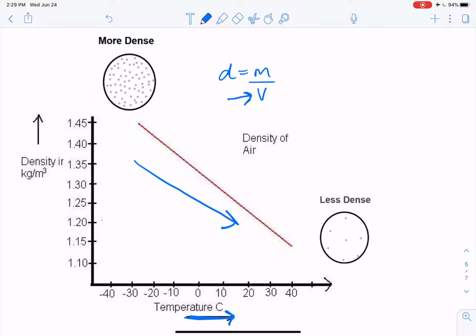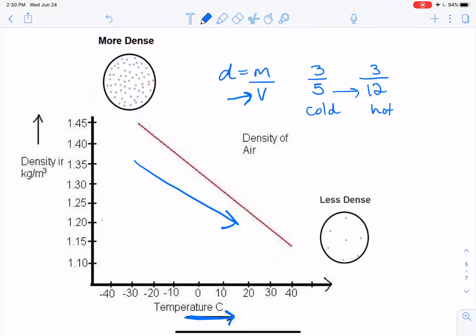That means that your density value will be less. So if you have a cold situation and you have 3 divided by 5, that's going to give you a lot larger density than if you have a hot situation where you have 3 divided by 12.